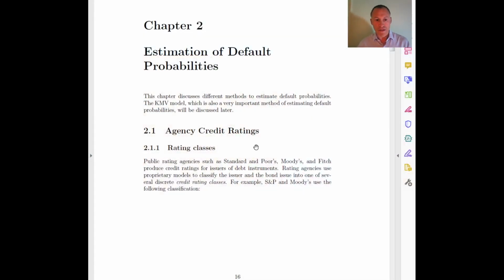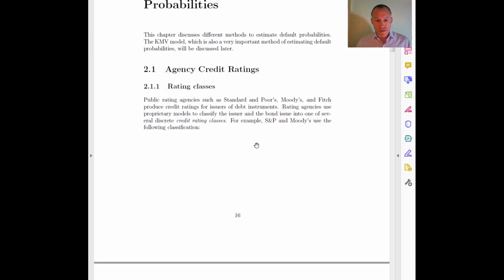The first method again is the use of agency credit ratings. So as you know, there are firms whose job is to assess the credit quality of other firms. These firms, denoted credit rating agencies, are well-known firms such as Standard & Poor's, Moody's, and Fitch, among others. These three are the main ones.